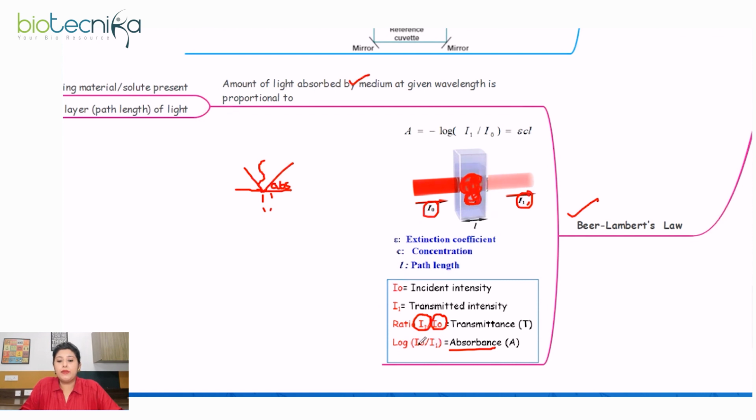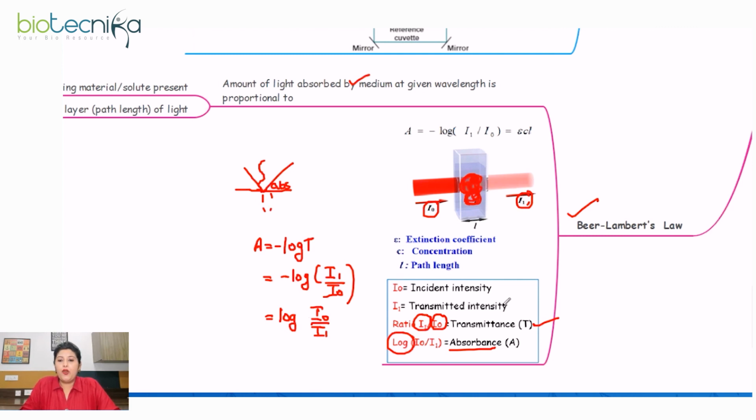We always measure absorbance on a logarithmic scale, so A equals minus log T, where T is the transmitted intensity over the incident intensity. In order to remove the minus sign, I can write it as log of the incident intensity by the transmitted intensity.